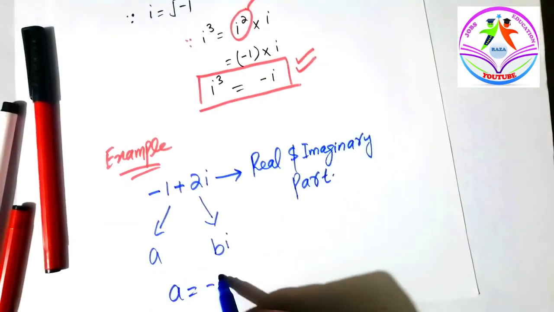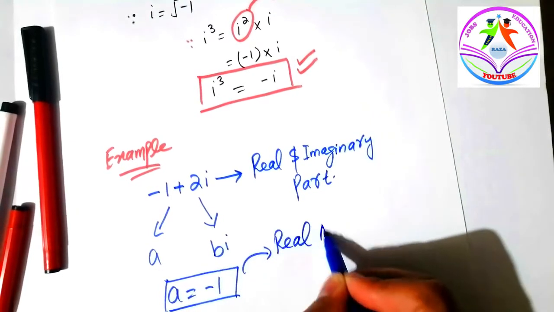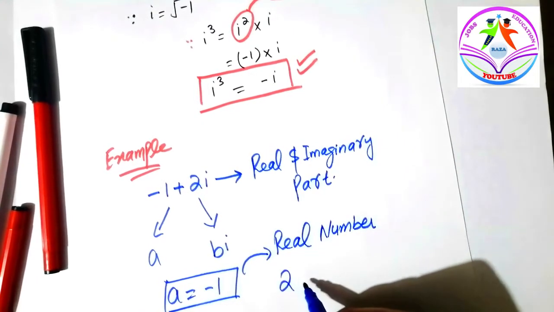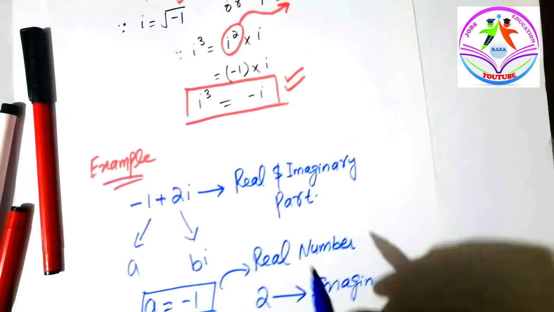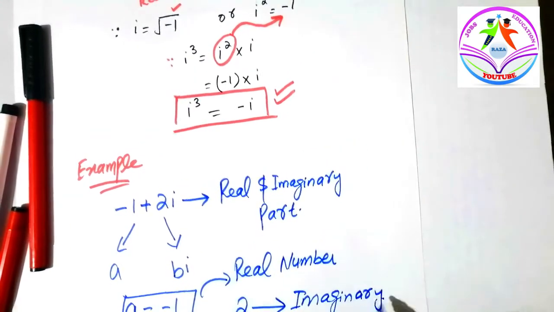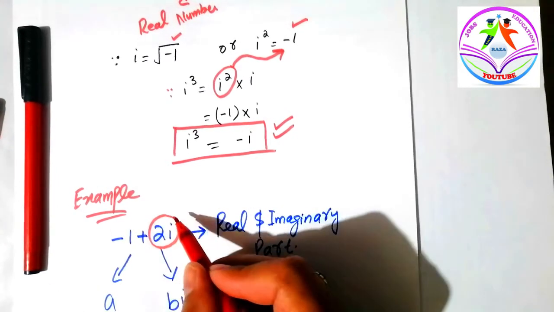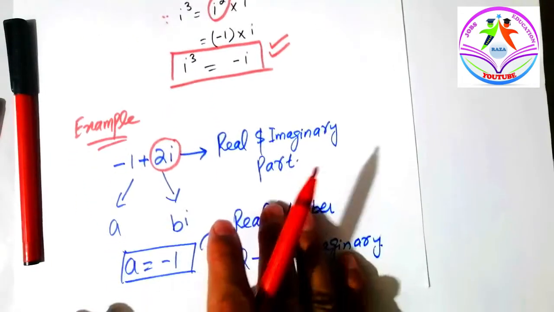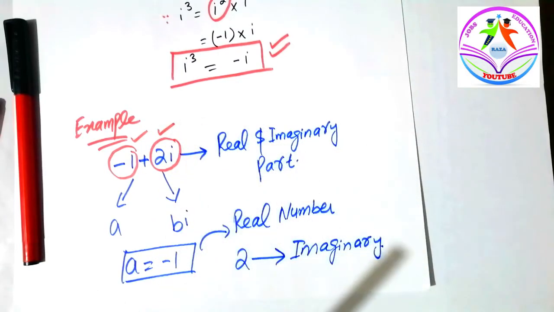So a is equal to minus 1, this is the real part or real number, and 2 is the imaginary part, because we can see that iota is mentioned with that 2. Whenever you see iota mentioned with any real number, it becomes an imaginary part. So we find that this one is the real number and this one is the imaginary number.